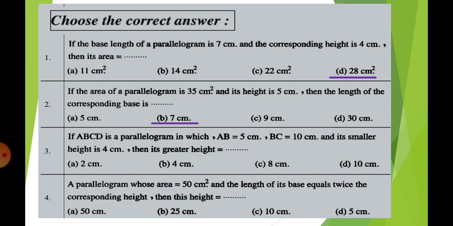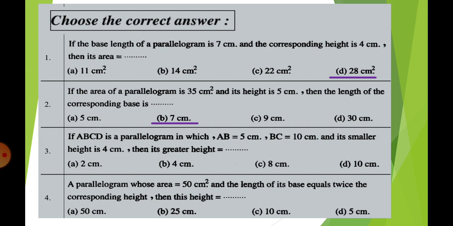Number 3, ABCD is a parallelogram. AB 5, BC 10, and the smaller height equals 4. Then the greater height equals, here the greater base corresponding to the smaller height, and the smaller base corresponding to the greater height.